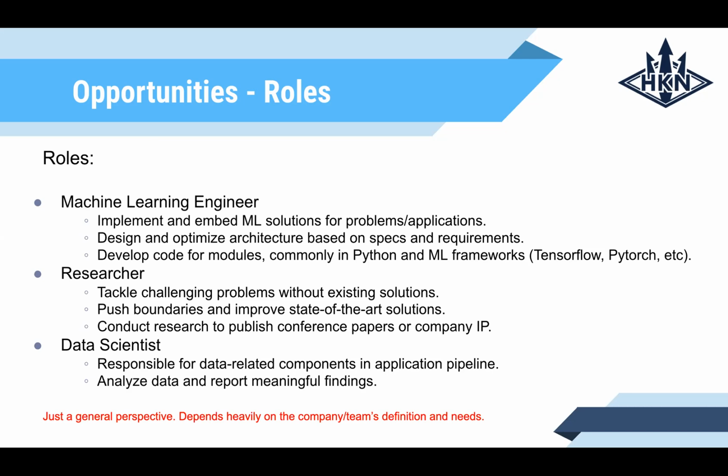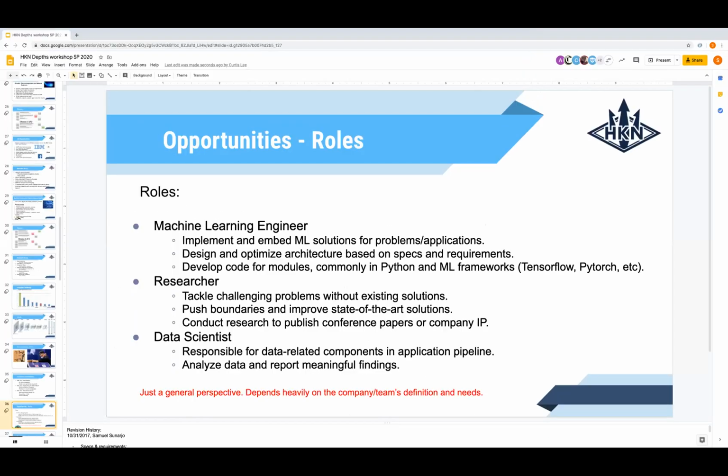So today I'm going to cover some of the opportunities that you can commonly find nowadays at different companies in the industry. First I'll cover the different generic roles that you can get a job in at different companies out there. The first, most common one is probably a machine learning engineer.